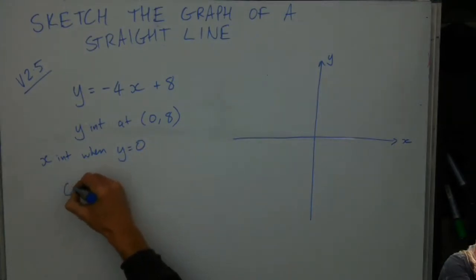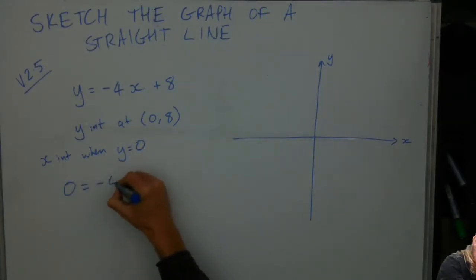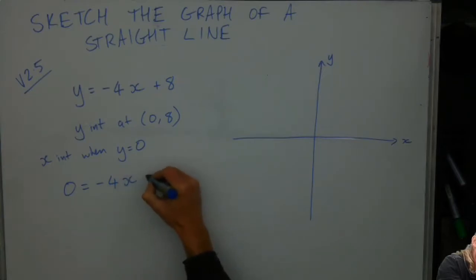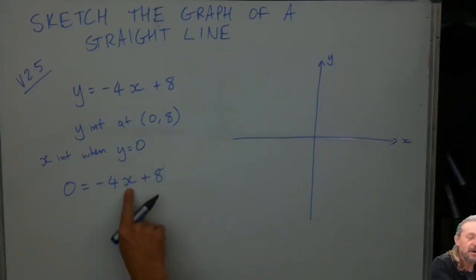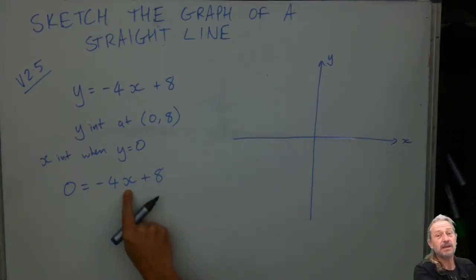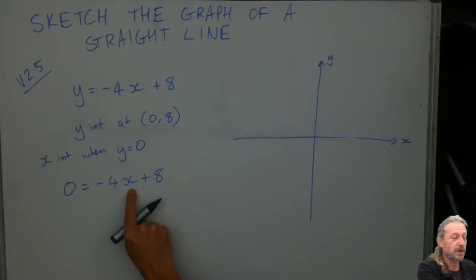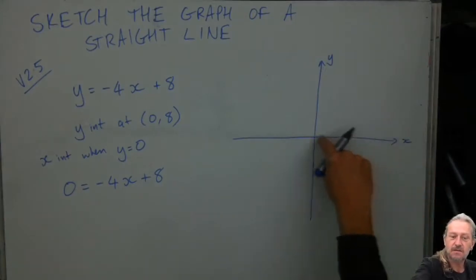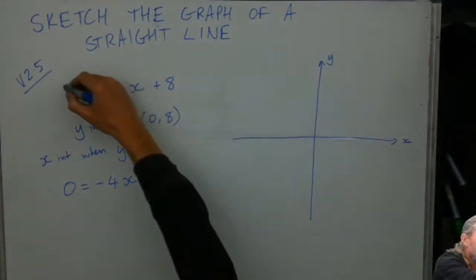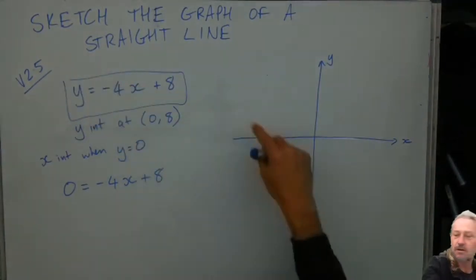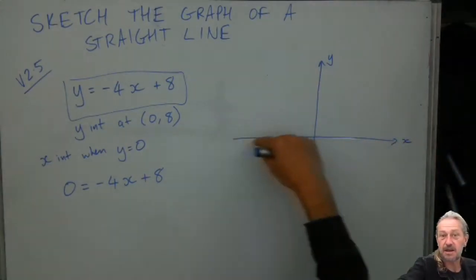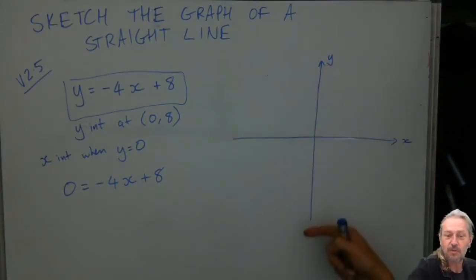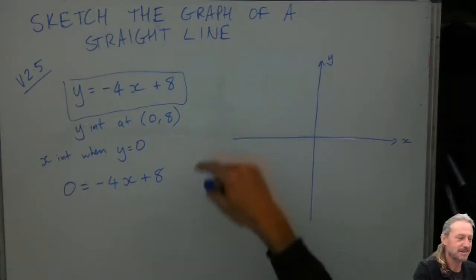So we're just going to say 0 equals -4x plus 8, and then rearrange to make x the subject to work out what value of x this line crosses the x-axis, because that's where y equals 0.